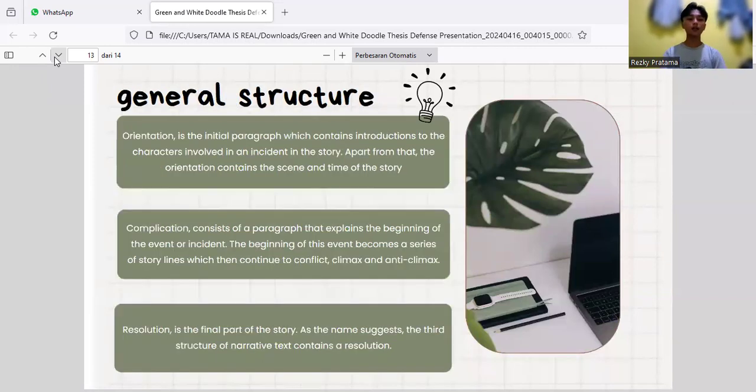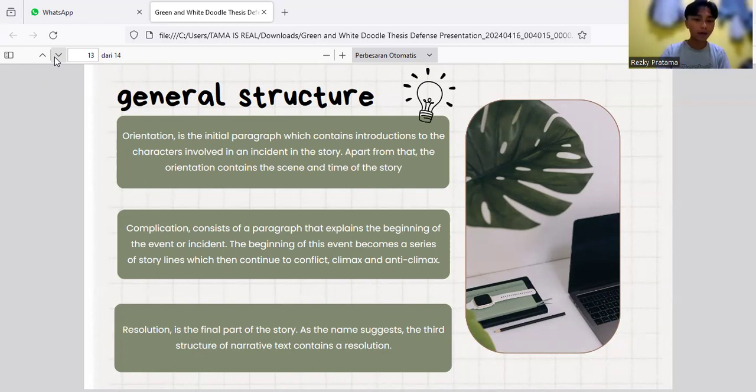And the last one, about the general structure of narrative text. Number one is orientation, the initial paragraph which contains an introduction to the characters involved in the story's incident. Apart from that, the orientation contains the scene and time of the story. Number two, complication.